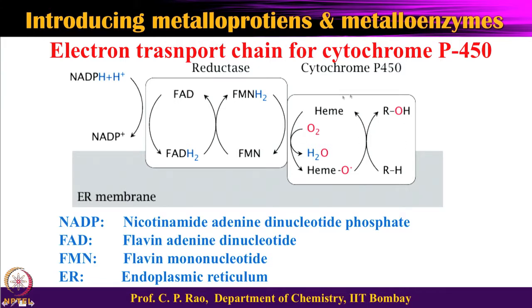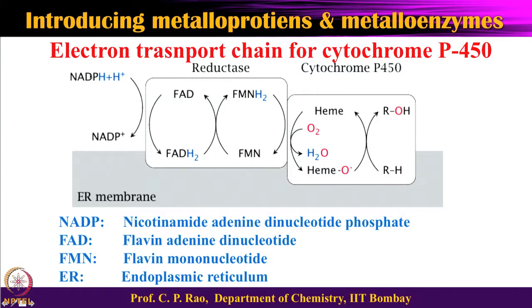This is the last part where cytochrome P450 is involved, where RH is converted to ROH, coupled with the heme of cytochrome P450. But cytochrome P450 on its own cannot do this. It has to get electrons taken from something, that is taken from something else. At the end, the beginner in this chain is NADPH, going to NADP plus.